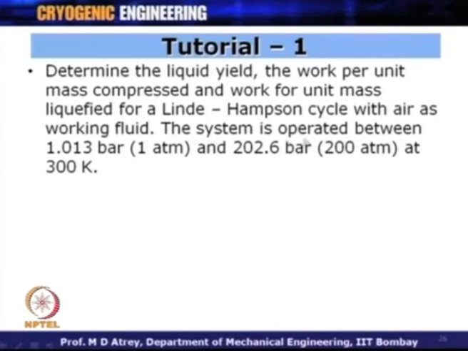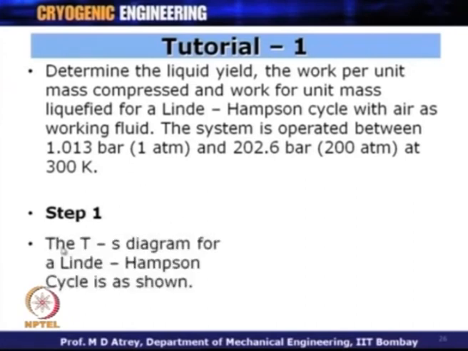Now, the system is operated between 1.013 bar, which is nothing but 1 atmosphere, at point 1, and 200 atmosphere or 202.6 bar at 300 Kelvin. So, your point 1 is going to be 1 atmosphere and 300 Kelvin, pressure and temperature respectively, and point 2 is 200 atmosphere and 300 K respectively. So, what is step 1?